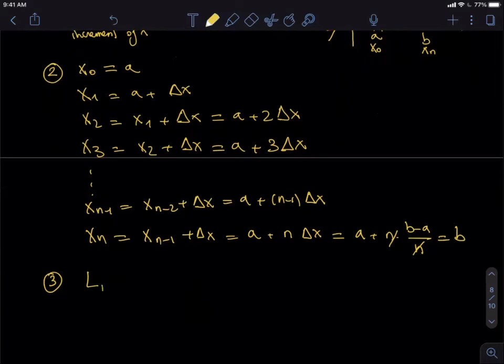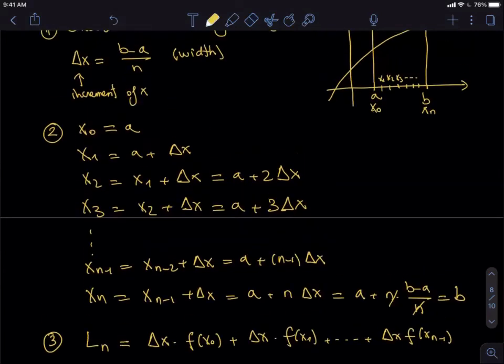Okay, so the sum with left endpoints is going to be the increment of x times, that is the base of the rectangle, times the height, f of x0 plus delta x times f of x1, and so on, delta x, f of xn. Okay, but remember, no, not this xn, it is xn minus 1.